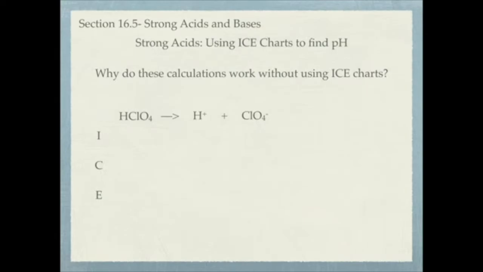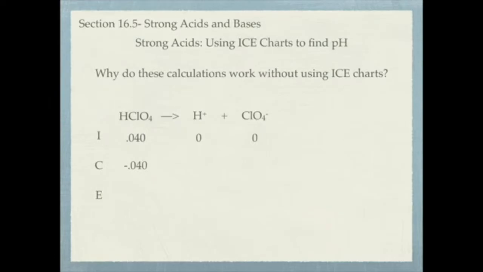Okay? And the problem tells me that I start with 0.040 molar of my strong acid, and I don't have any of my hydrogen ions or my perchlorate ions. So the change that's going to occur is going to be minus 0.040 for perchloric acid. Now the reason why is because, based on the definition of a strong acid, 100% of it is going to dissociate.